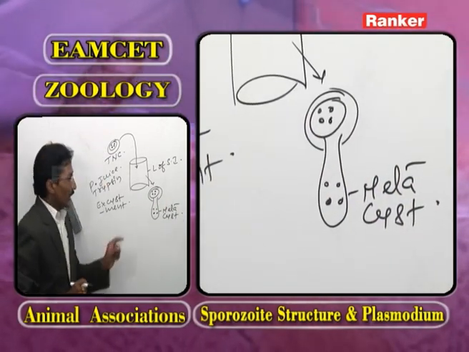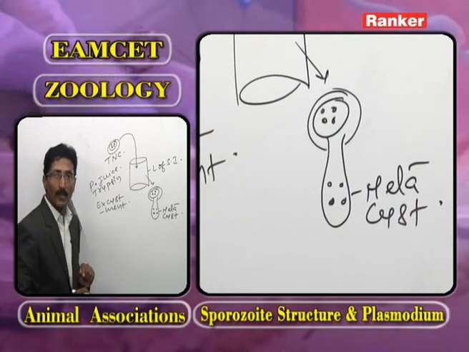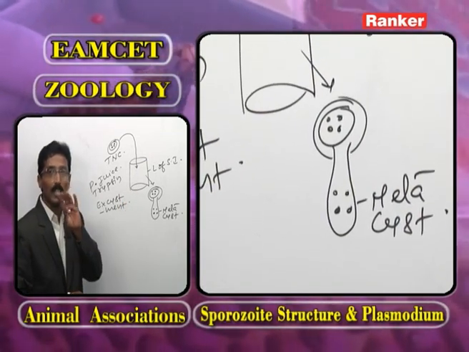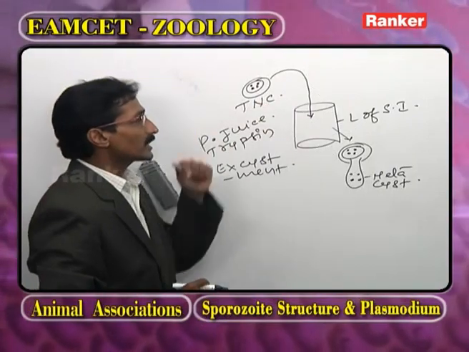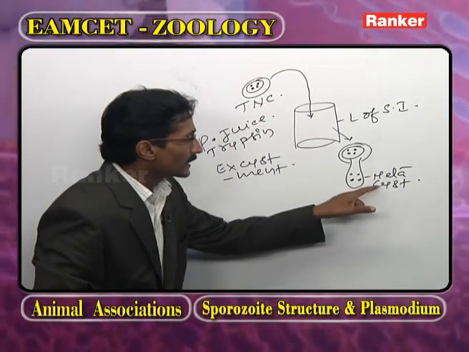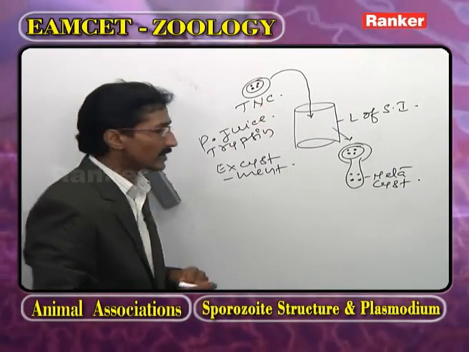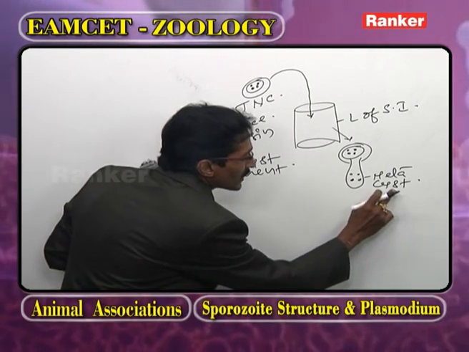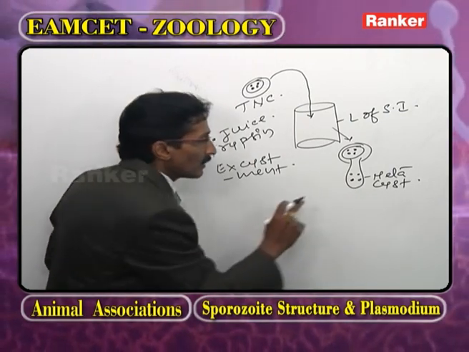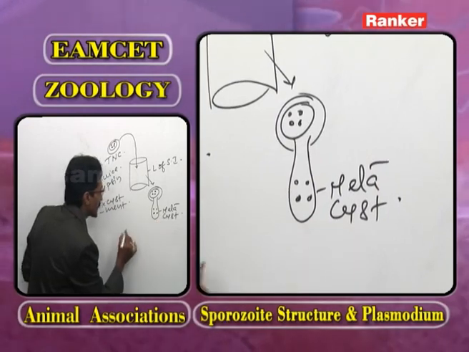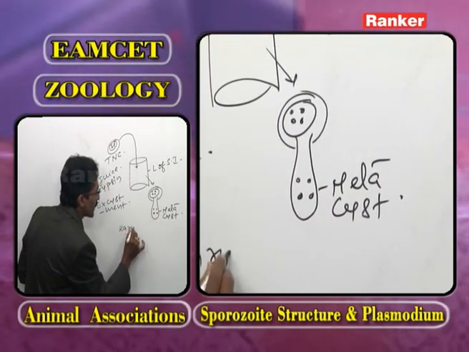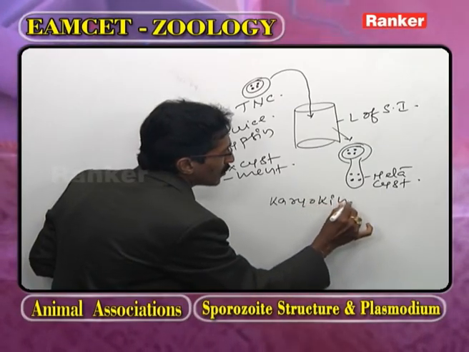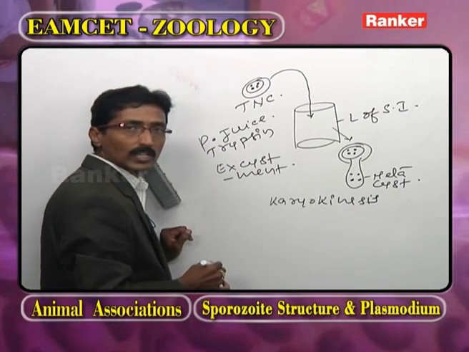Now, in the life history of Entamoeba, where do we observe 4 nuclei? One is the tetranucleated cyst and the second one we call the metacyst. Now, the metacyst undergoes reproduction. First the nucleus divides, karyokinesis. What is meant by karyokinesis? Division of nucleus.